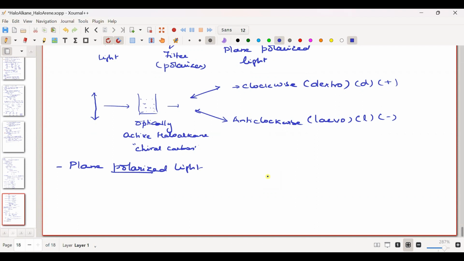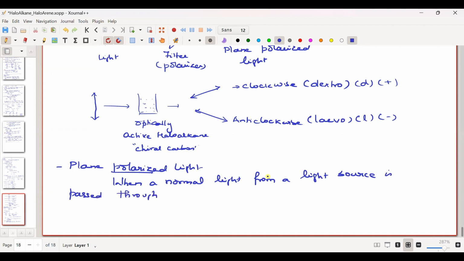It is nothing but when a normal light from a light source is passed through a filter, polarizing filter. இதுக்கு உங்களுக்கு bookல ஒரு example கொடுத்திருக்காங்க, which is also known as Nicol prism. There is an example given. Okay, it is a polarizing filter.